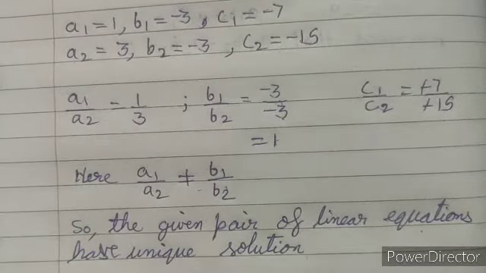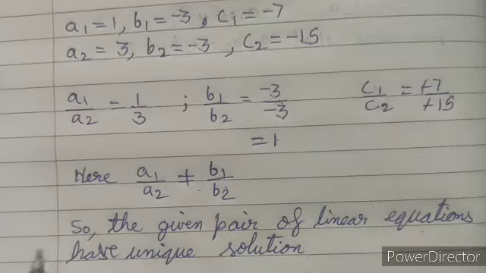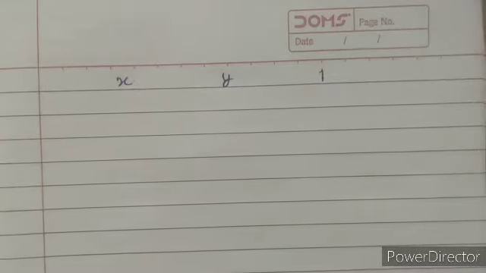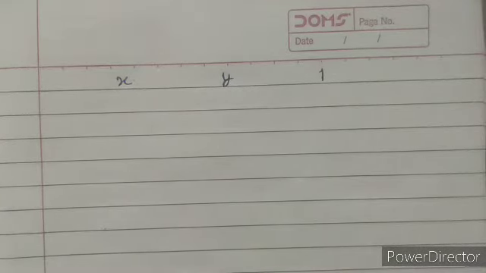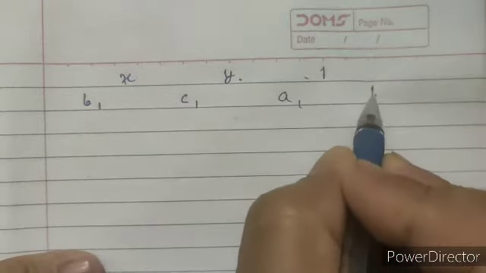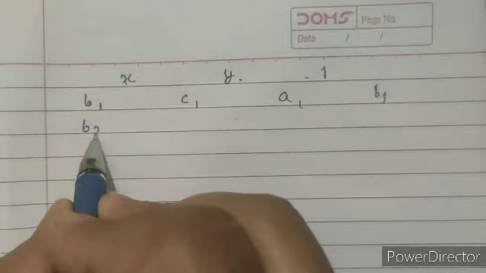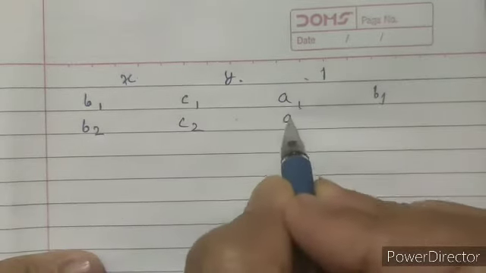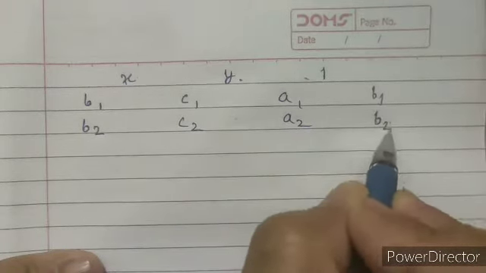Now we will solve these two equations with the help of the cross multiplication method. First of all, we will draw the diagram. That will be x, y, 1. We will start with b1, c1, a1, b1, and second will be b2, c2, a2, b2.